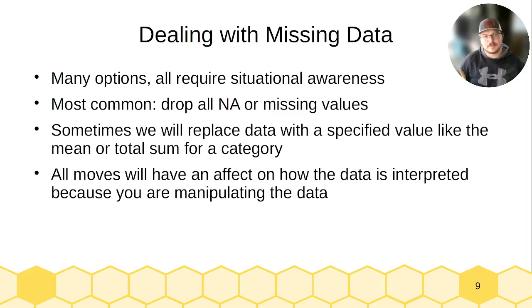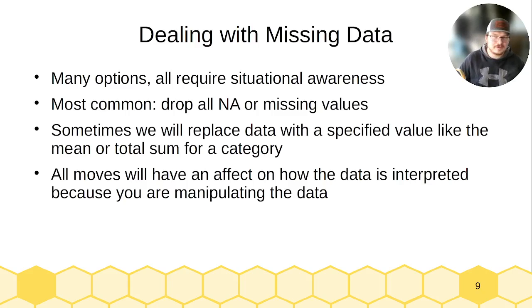Now, one of the other options would have been to replace the data with a specified value. So we could have calculated the mean for a country, replaced it with that mean, and used that to make our comparisons. Or maybe we summarize the whole data. There are different things you can do to replace that value and use a different value as a proxy, as long as you do that across the board when you have these missing data points.